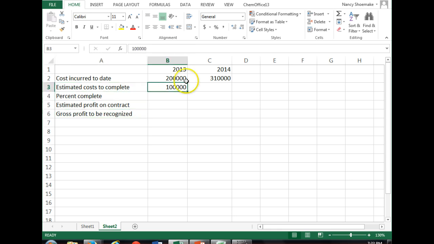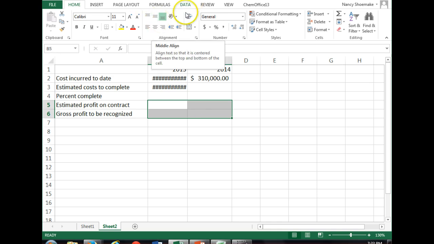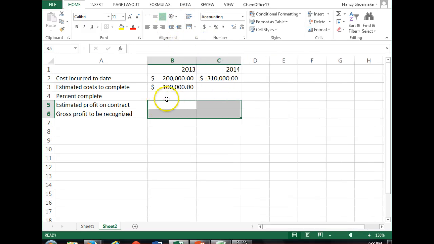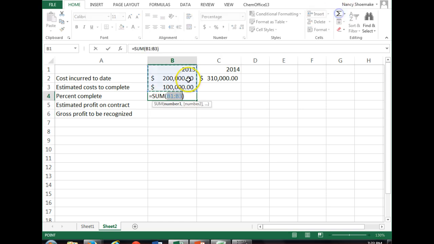So here we show percent complete is going to be the 200,000 divided by 300,000, right? Or 67%. Or maybe let me just make that 66.67%.